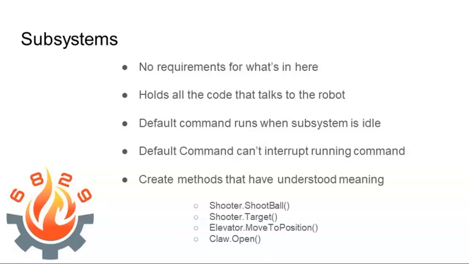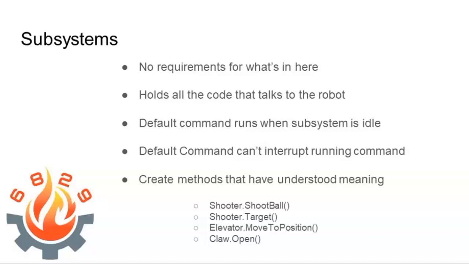So all the functionality you want to expose, when you create it inside the subsystem, should have meaningful names, right? So if you have an intake subsystem, you don't want it to have intake.doSomething, or intake.drive, which would make no sense, right? You want to have meaningful names. So some of the names might be like intake.takeIn, or start, stop, intake.eject.